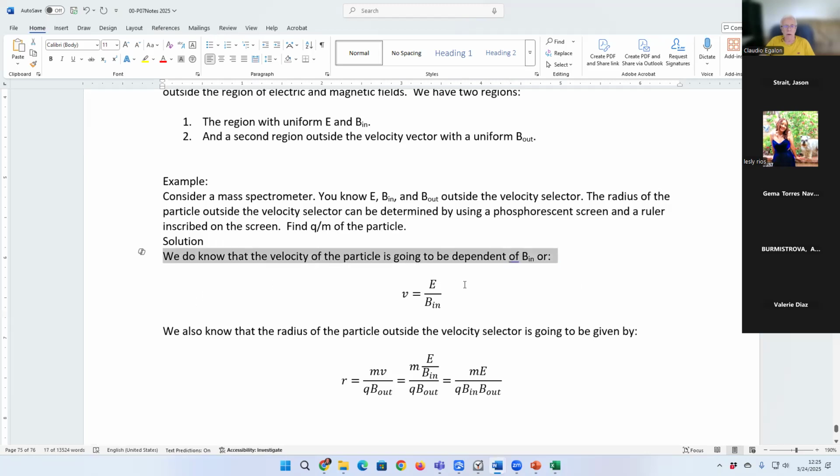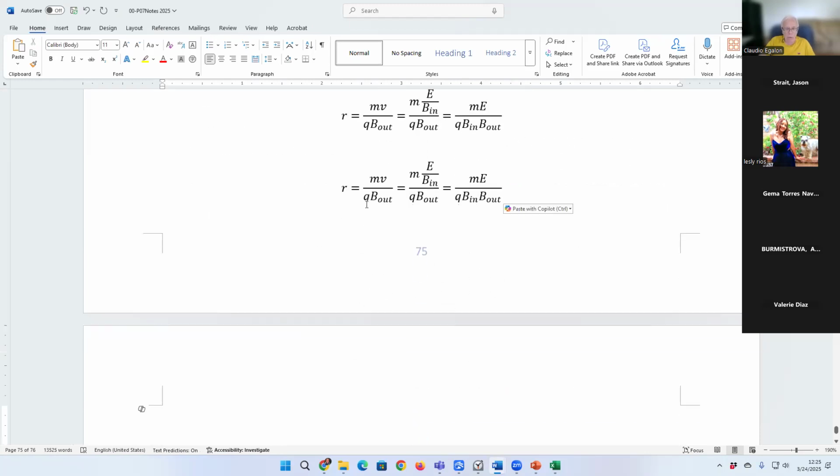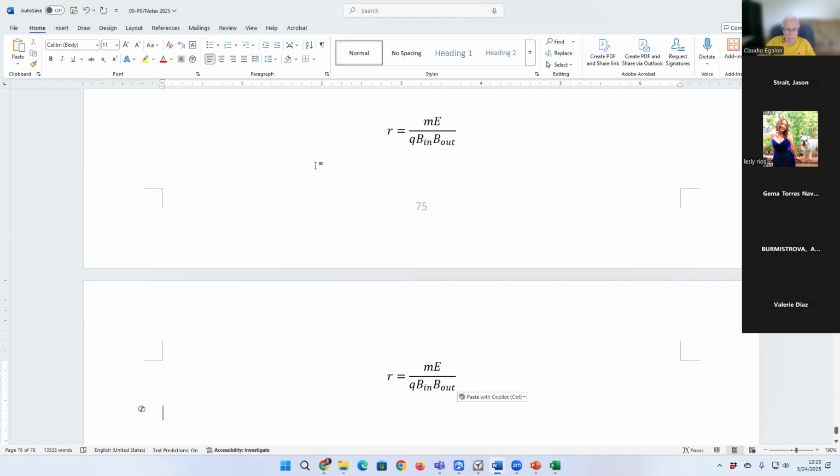We do know that the velocity of the particle is given by that. We do know that the radius of the particle is going to be given by something like that. And now we are left with this equation right here, and all we have to do is to solve for Q over M. R goes to the side, becomes 1.